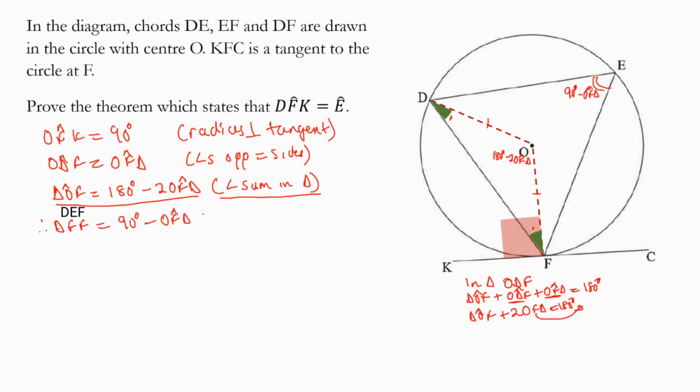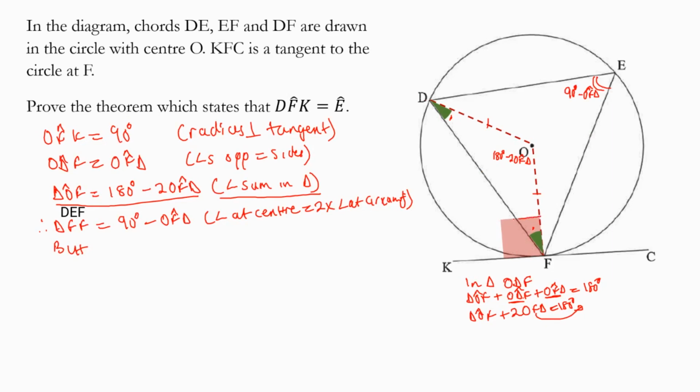Angle OFD, because angle at center equals 2 times angle at circumference. This angle is 90 minus OFD. But angle DFK, if you check, is also 90 minus angle OFD.